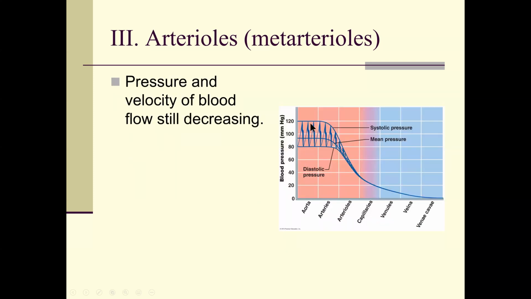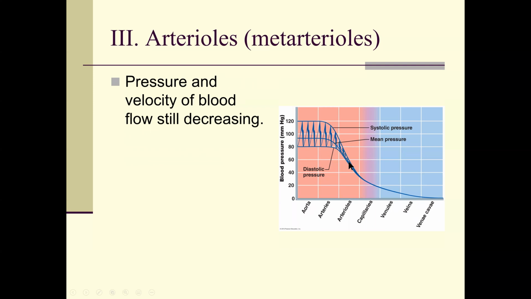And so we go from a pressure in the aorta, which actually has a systolic and a diastolic pressure, to pressure in the arteries, and arterioles. Here's the arterial pressure, as we get out to smaller and smaller arteries, and we start getting into the arterioles. This differentiation between a systolic and a diastolic pressure, or systolic, diastolic, and mean pressure, starts to go away, and we only have one pressure.